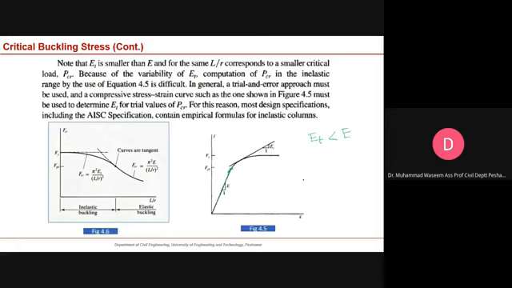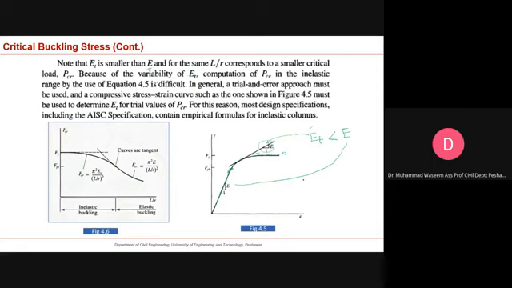If you draw a tangent at any point in the linear range, you will get the same value, this E. And if you draw a tangent in the nonlinear range, this Et, the tangent modulus, will keep on changing. This statement says that the tangent modulus is smaller than the modulus of elasticity we get in the linear range.